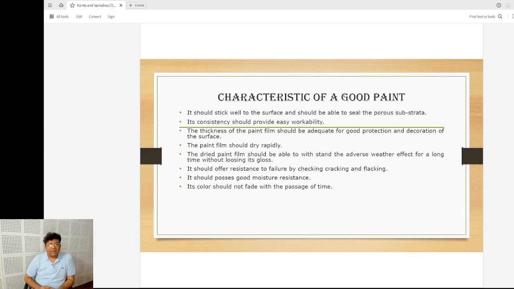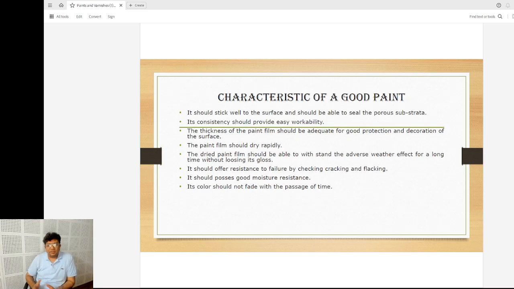The dried paint film should be able to withstand adverse weather effects. As we all know, India has an extreme climate. Basically, in Uttar Pradesh, we see very extreme weather conditions. In hot weather, temperatures go up to 45, 48 degrees centigrade, and the winter months are cold, with temperatures going down to maybe 2 degrees centigrade.